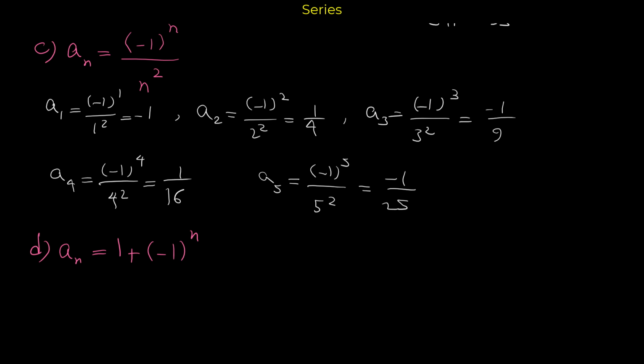Can you guess whether this sequence is convergent or divergent? When we look at the terms, we can see that we started from -1, then we have 1 over 4, -1 over 9, 1 over 16, and finally -1 over 25. First of all, they alternately become positive, negative, and so on.